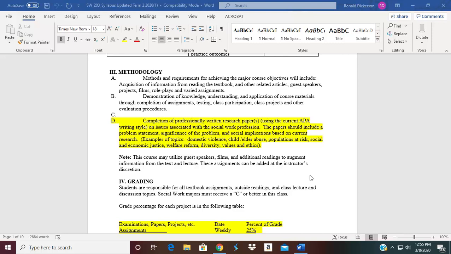Most of the time when students take these courses, they want to know exactly what I'm supposed to write about. But I just want you to be mindful. It's very important for social work students and social workers to think outside the box. So think about an issue that you may have been associated with, or a family member has been associated with, and maybe use that as a reason for wanting to write your paper.